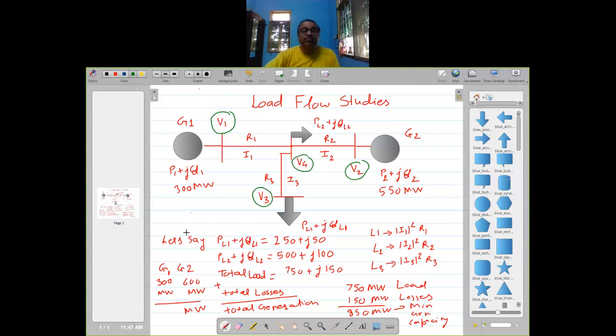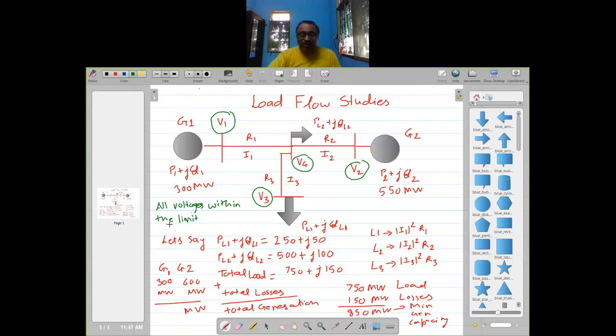That is my aim. So I should have all voltages within the limit. What is the limit? Limit is generally the rated voltage plus minus 5%.